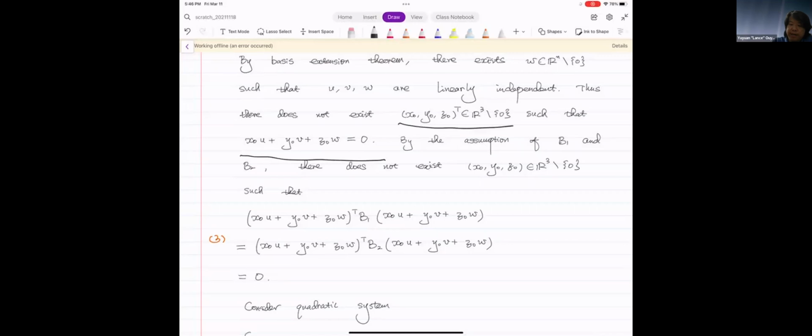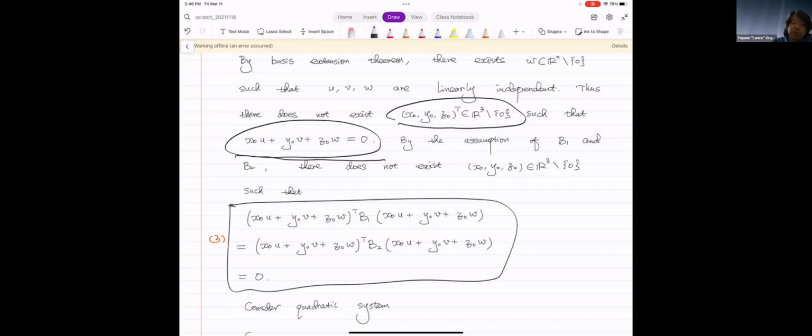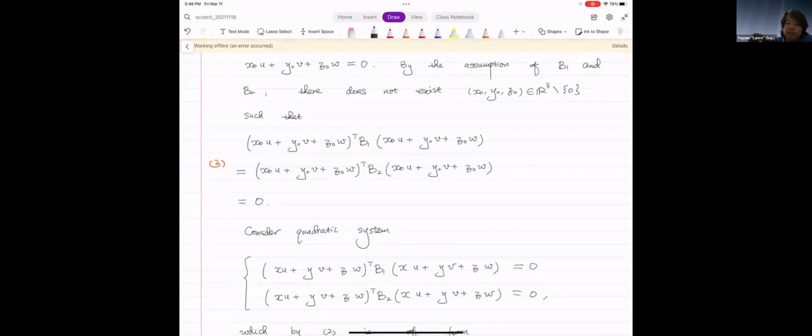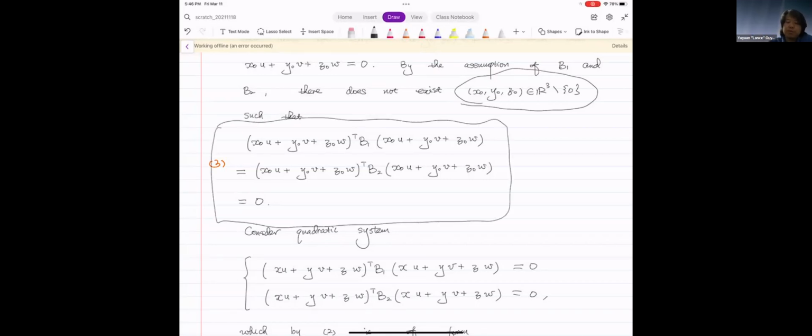And therefore, by the assumption of the proposition, here is the statement that we have: there do not exist coefficients x0, y0, z0, not all equal to 0, such that this holds.